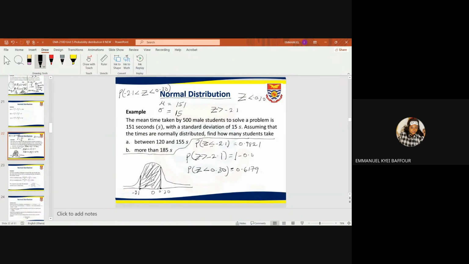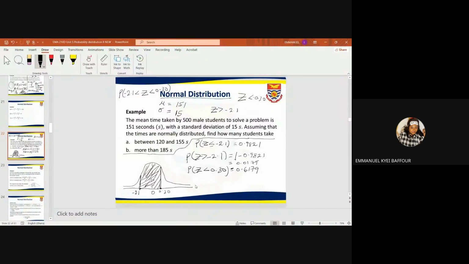So that would be 1 minus 0.9821. And what are we getting for that? 0.0179. Yes, so that is the probability.